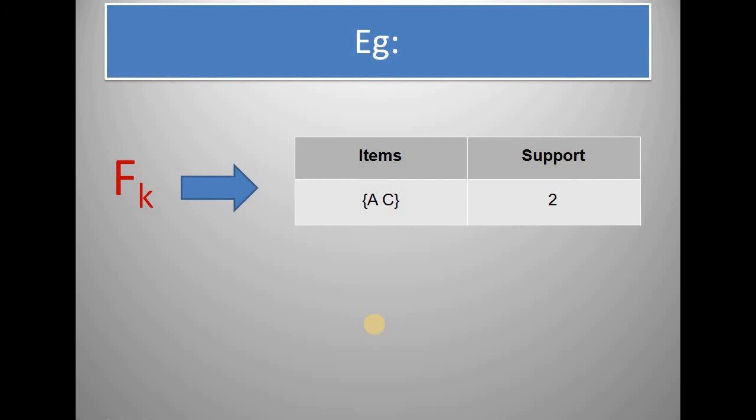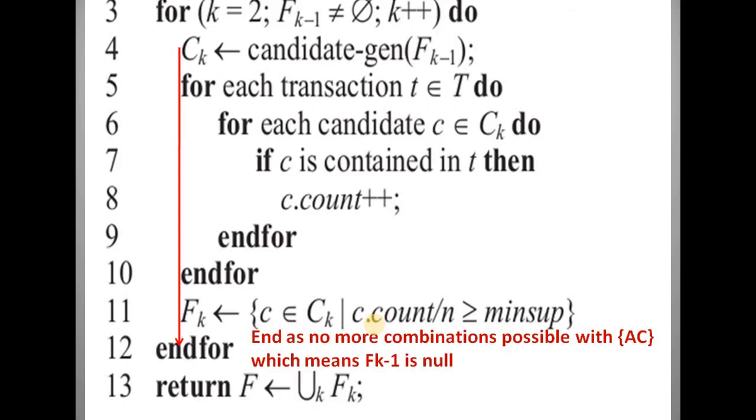So here AC is equal to 2. It has a support. So next is CK. In this algorithm, this end for loop is for this for loop. This shows that as no more combination is possible with AC, FK minus 1 is none.